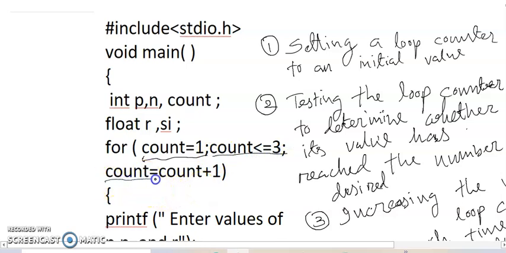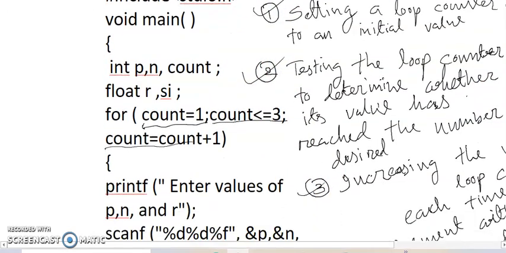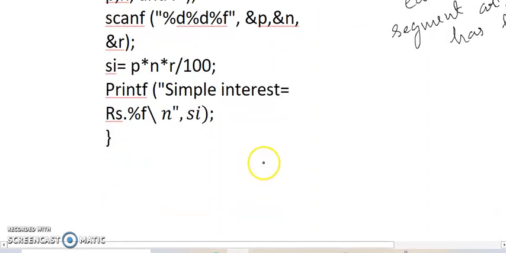When we write these three portions, first, second, third, we write it this way: for, first is initialize counter.